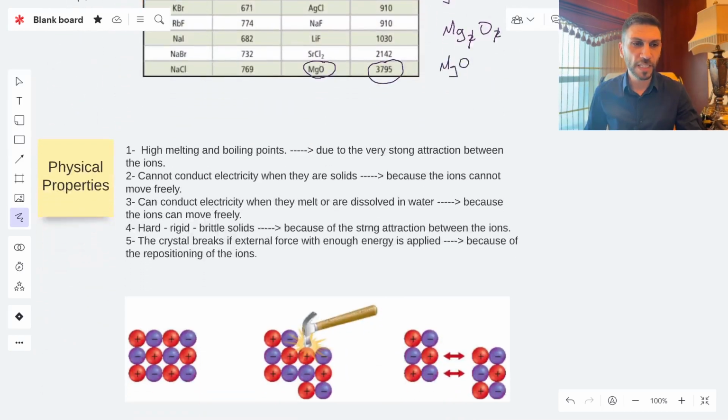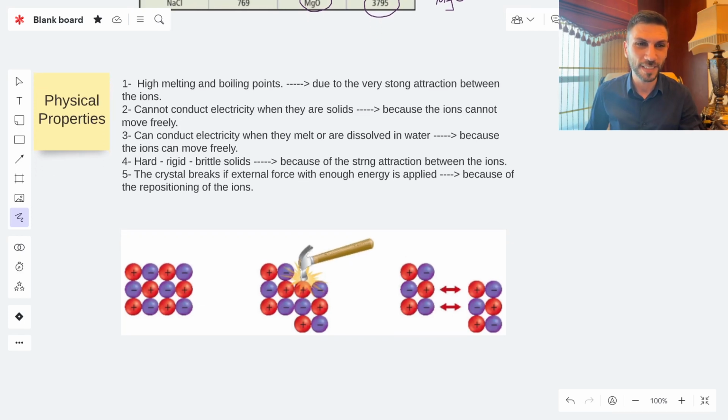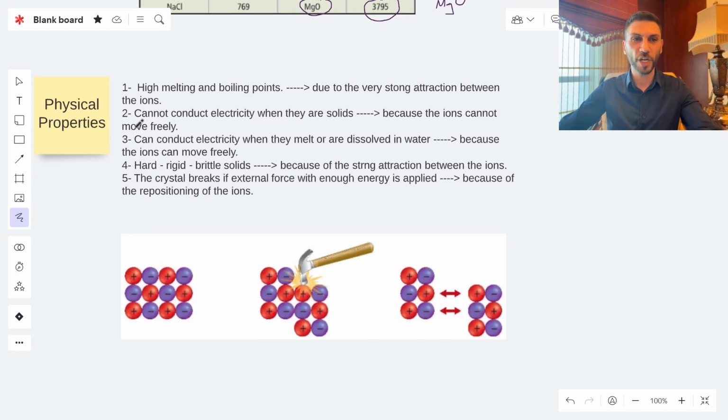All right. Let's talk now about the physical properties, and we finish today's lesson. The physical properties of the ionic compounds: they have very high melting points and boiling points. The reason behind this is that they have very strong attraction between the ions.